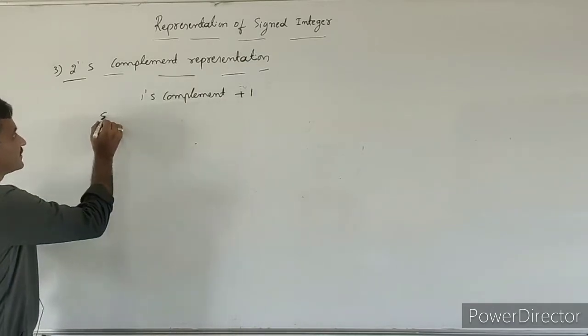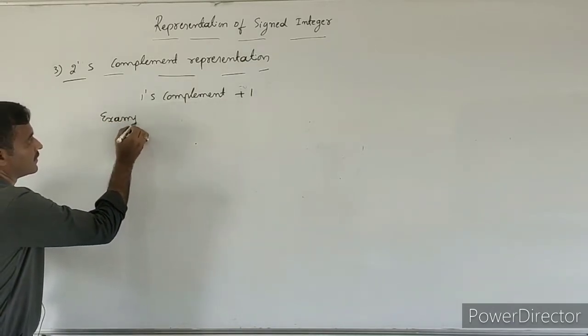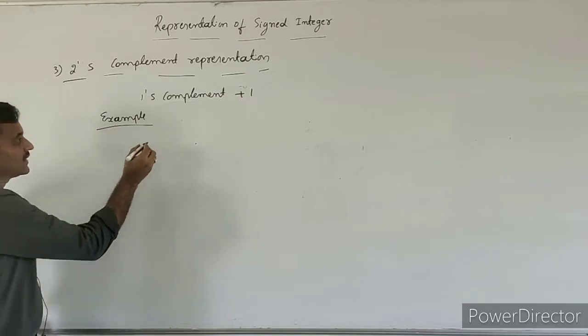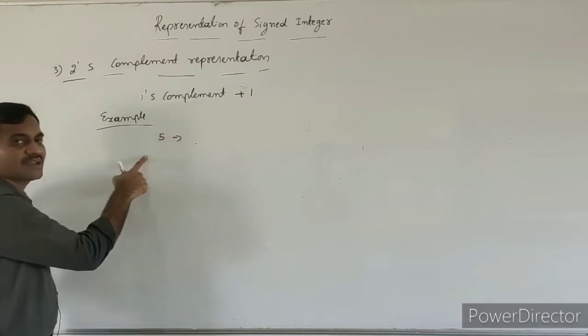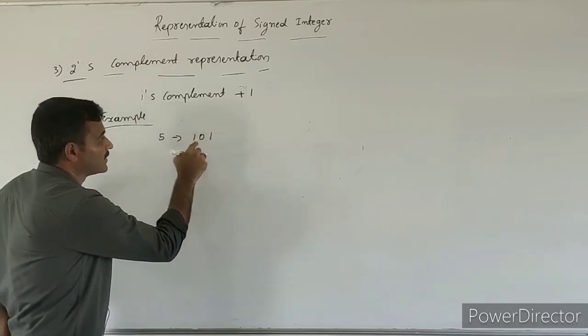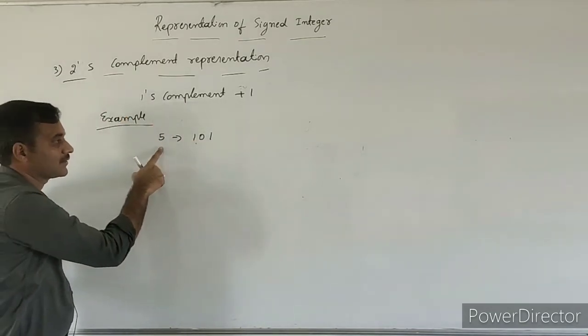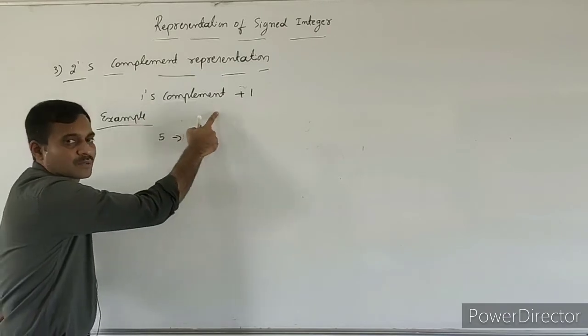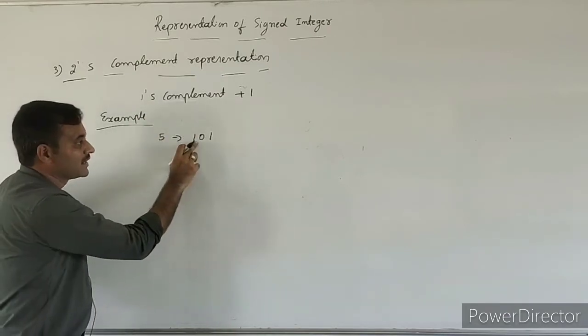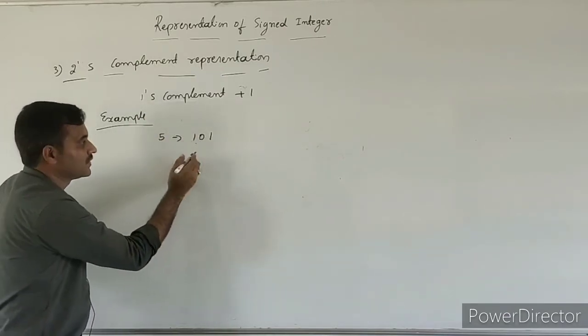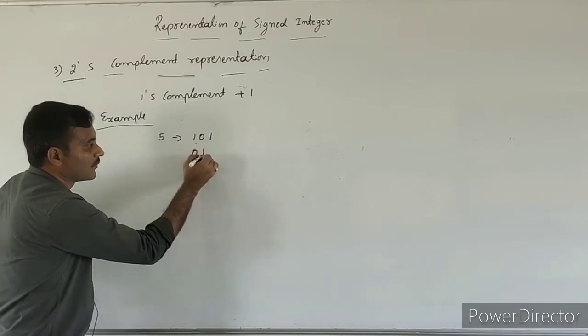For example, consider the number 5. Say 5 is represented as 101. To get the 2's complement of 5, first we convert to 1's complement. How to convert to 1's complement? Just replace all 1's by 0 and all 0's by 1.